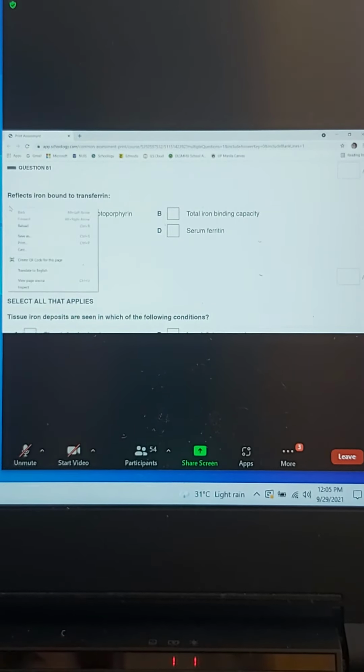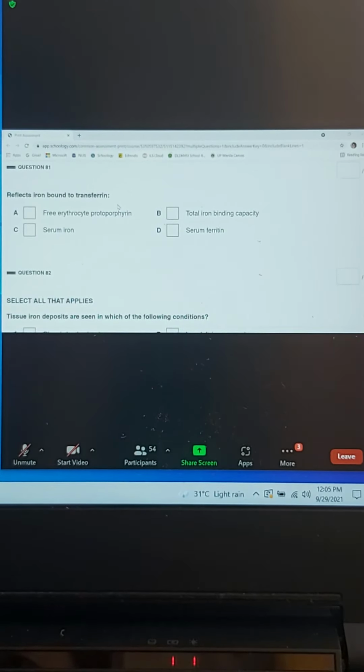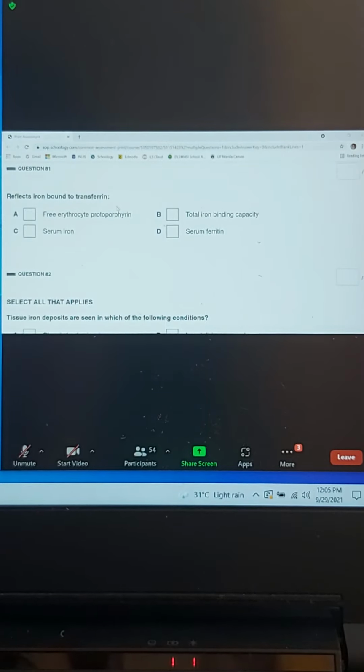Yung capacity ng transferrin na magdala ng iron. So letter A and letter B are the capacity of our body to transport iron.